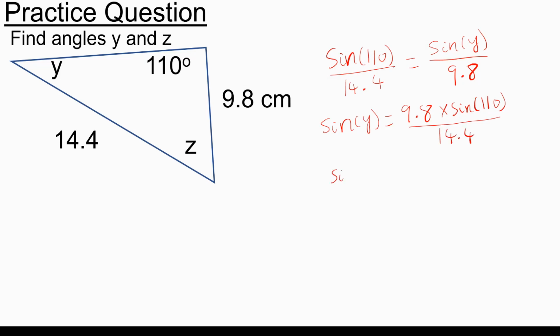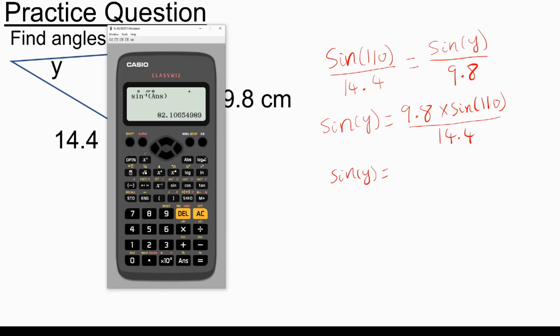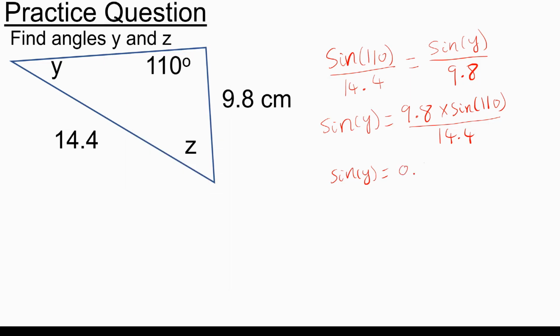So sine y equals 0.6395. And then to get y on its own, we take inverse sine of both sides.